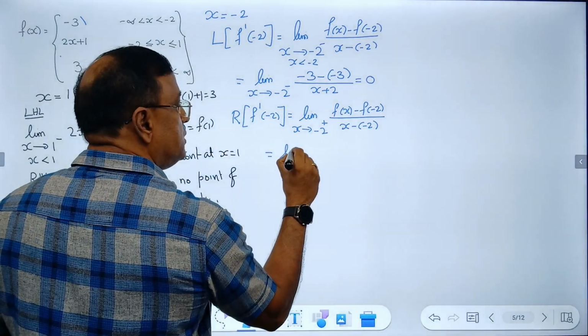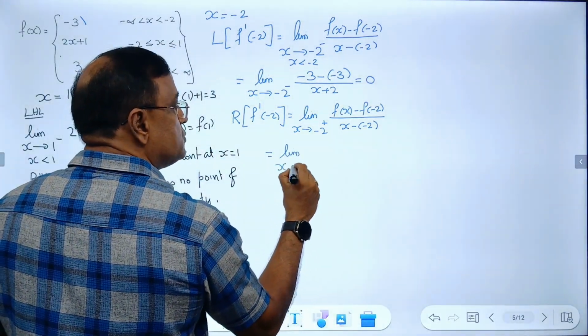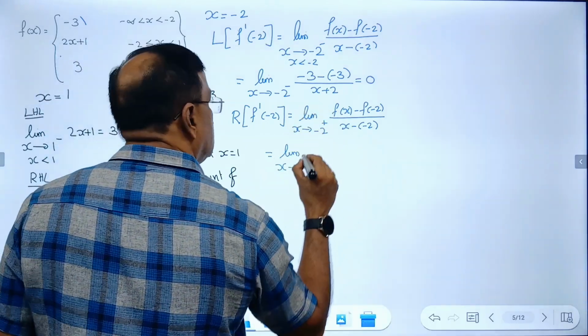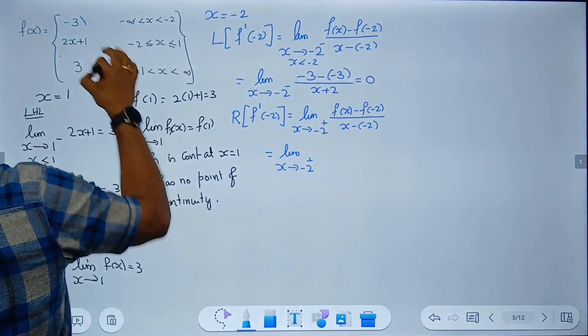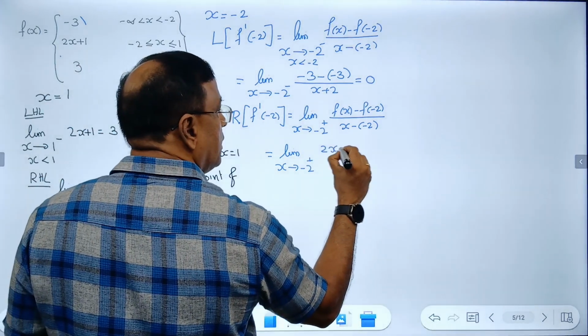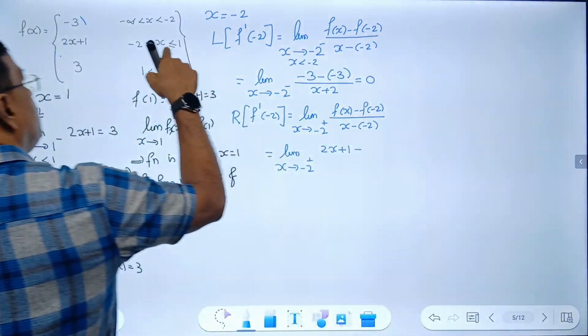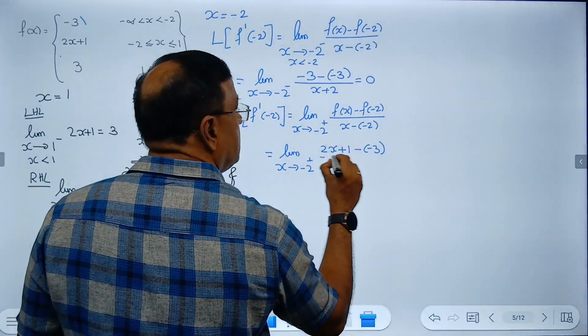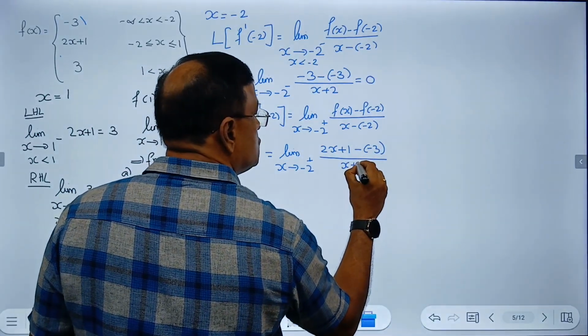So, this is limit x approaches -2 plus, f of x is what? -2 plus means greater than. So, it is 2x plus 1 minus, what is f of -2? f of -2 is -3, divided by x plus 2.